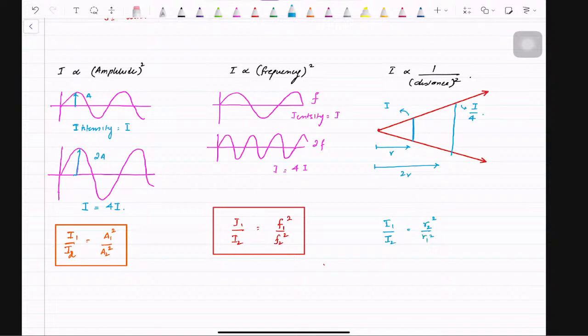So as you can see, the main difference between the other two and this one is that I1 was right up against f1, here I1 was right against A1. In this it's opposite, I1 is against R2 and I2 is against R1. Alright? It's flipped because they're inversely proportional. Got to remember that.